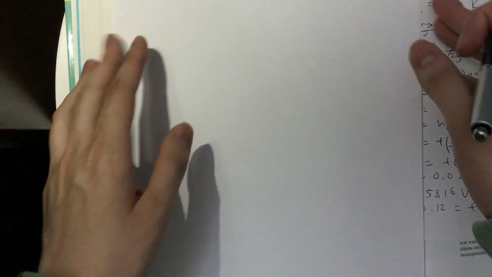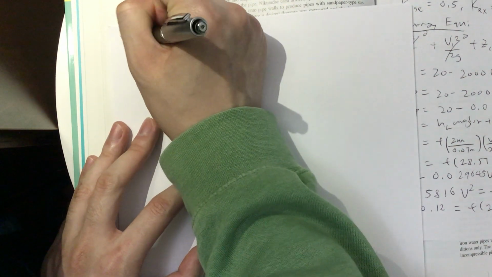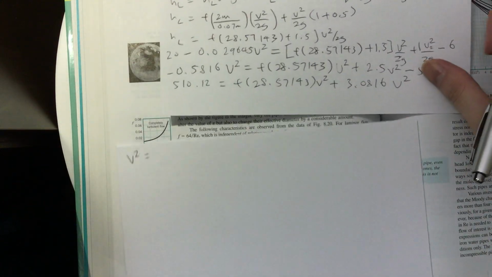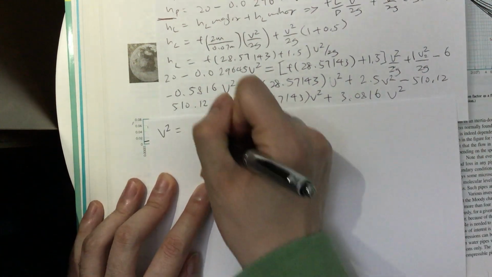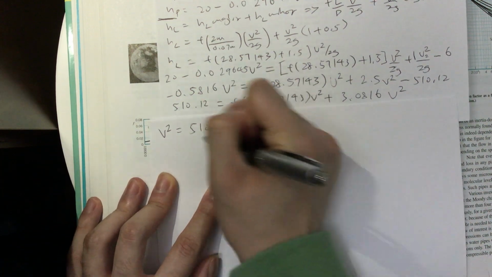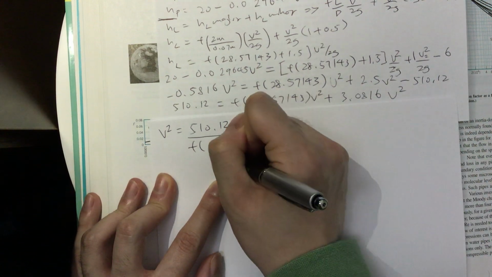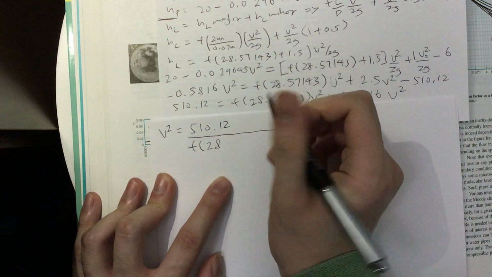Let's put that in the new page. You put v squared, the 510.12 over F times 28.57143 plus 3.0816, divide all that stuff to the bottom.